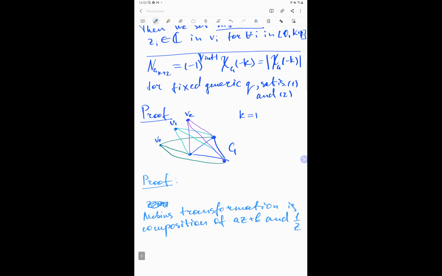And we have proved that this transformation preserves Q.